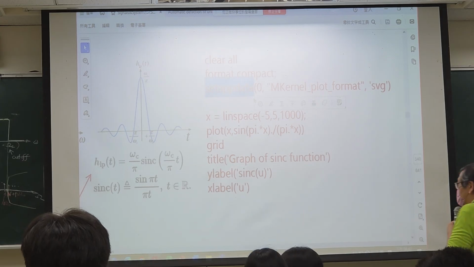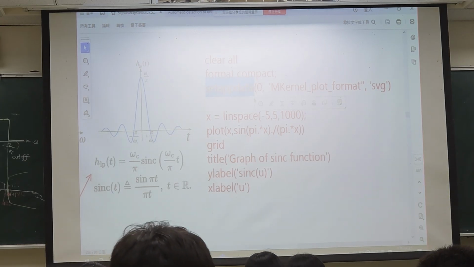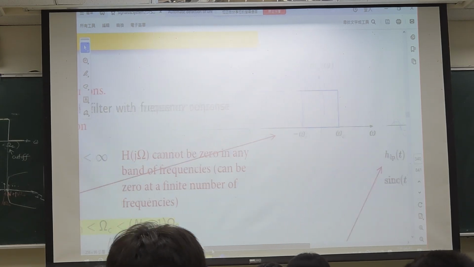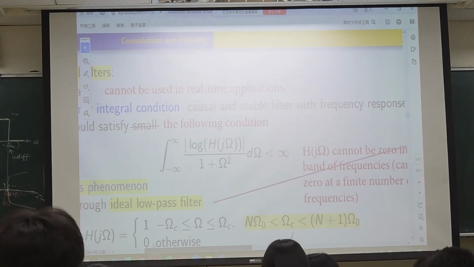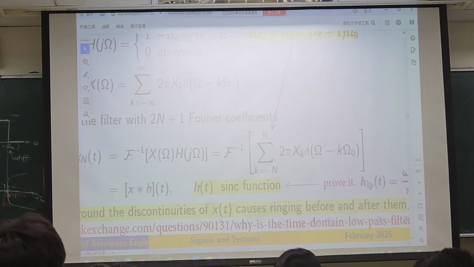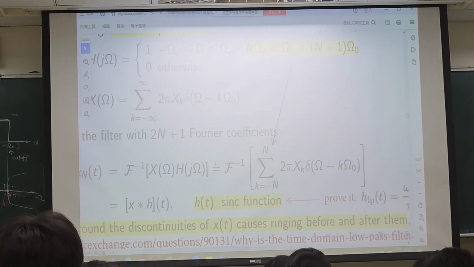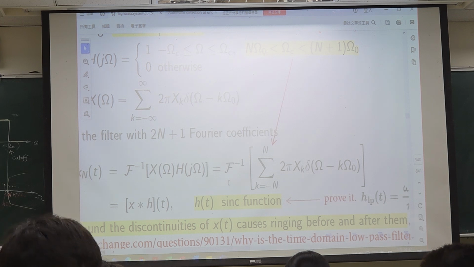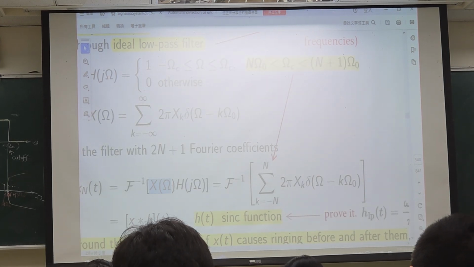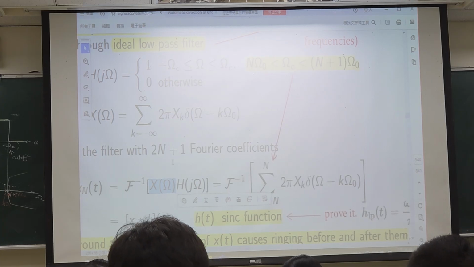Alright, one more thing I haven't mentioned is the output. This X of omega, that's the input.